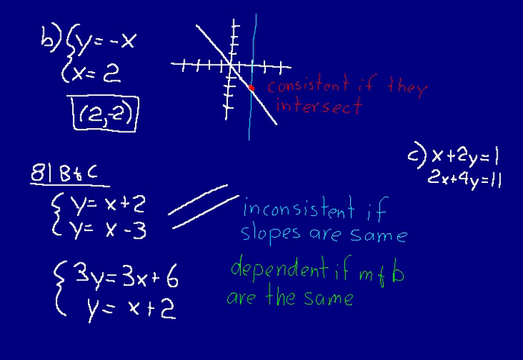Let's do a practice problem relating to these types of equations, consistent, inconsistent, and dependent. Look at practice problem C. I want you to tell me if that system of equations there is a consistent, inconsistent, or dependent set of equations. Well, the first thing you should do on a set like that is to rearrange them and solve them for y. Put them in the standard form of an equation of a line.